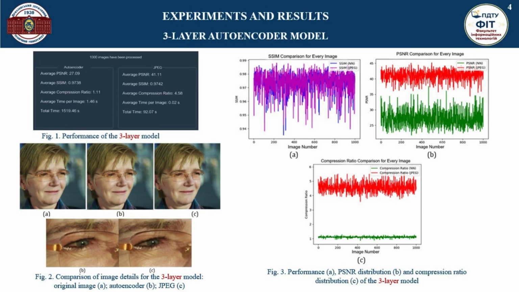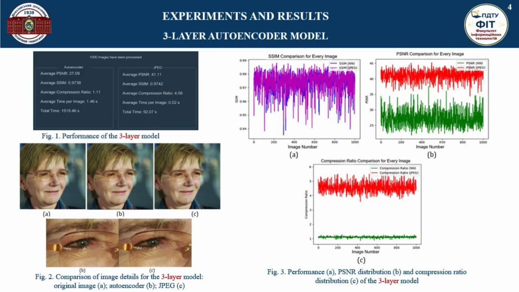To perform the experiments, 4 encoder configurations were developed, incorporating 3 layers, 5 layers, 7 layers, and 10 layers of convolution. The results obtained using the 3 layers encoder are presented on slide 4.